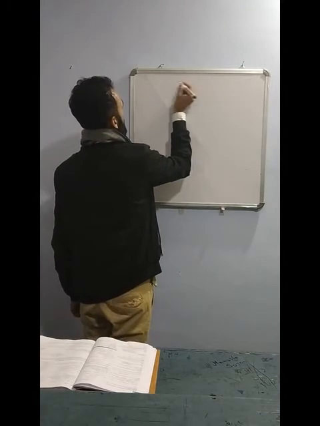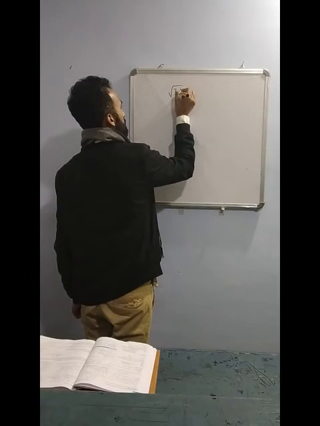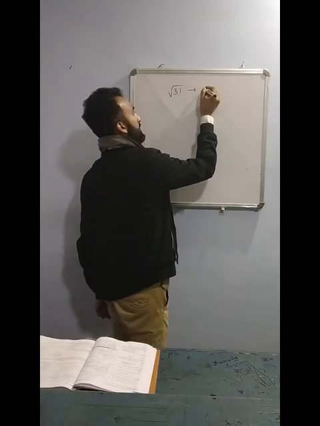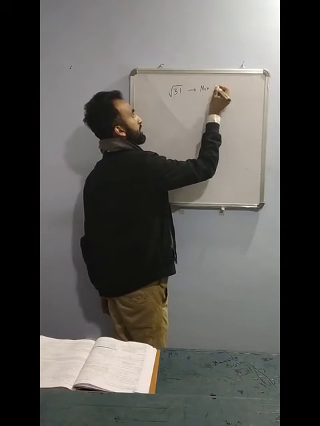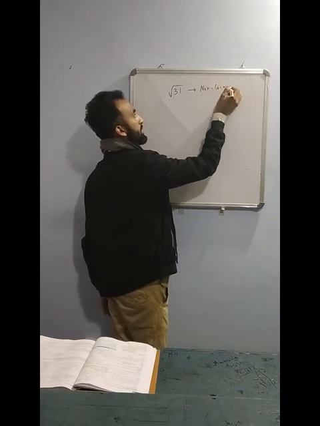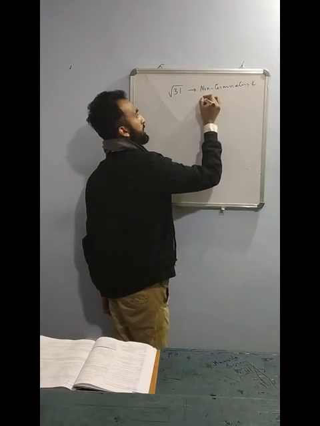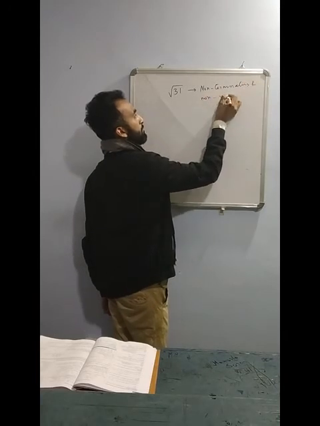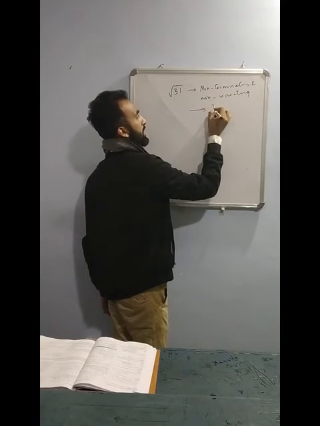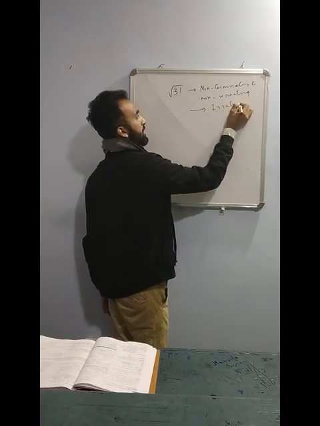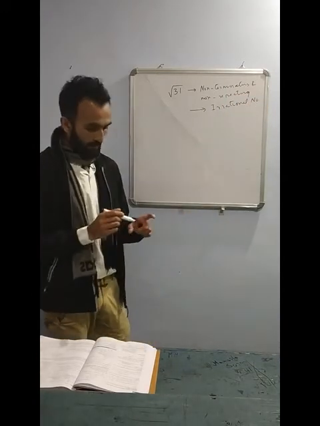One more thing: that is one way of proving root over 31, because what we have seen, the division process, is non-terminating and non-repeating. We have seen this one. That's why it is an irrational number.